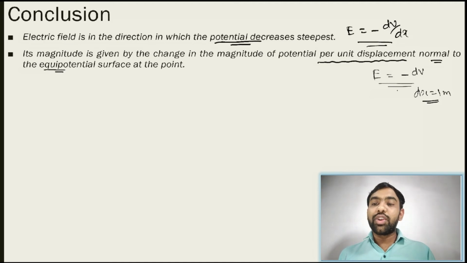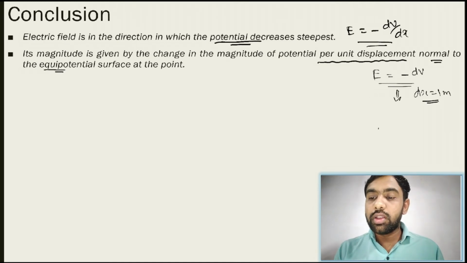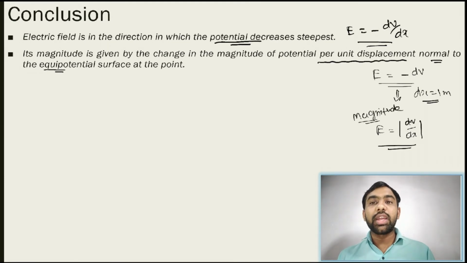Okay, so magnitude दिया है तो फिर E is equal to mod dV by dx. That is the magnitude. अगर यहाँ पे आप dx 1 ले लेते हो तो फिर E is equal to dV हो जाएगा. Okay, so this is the magnitude.